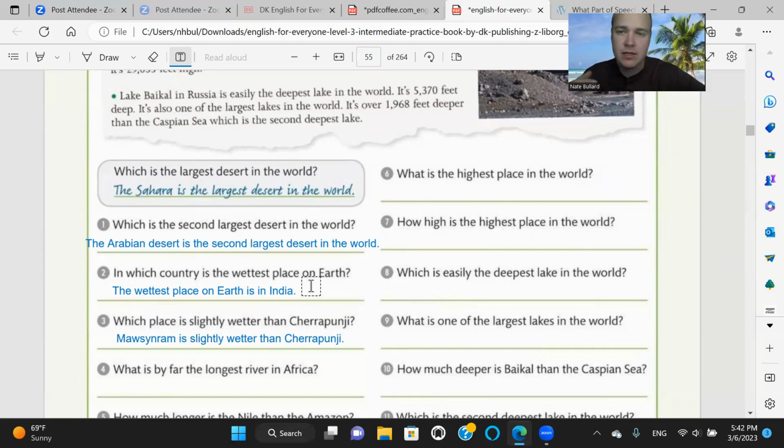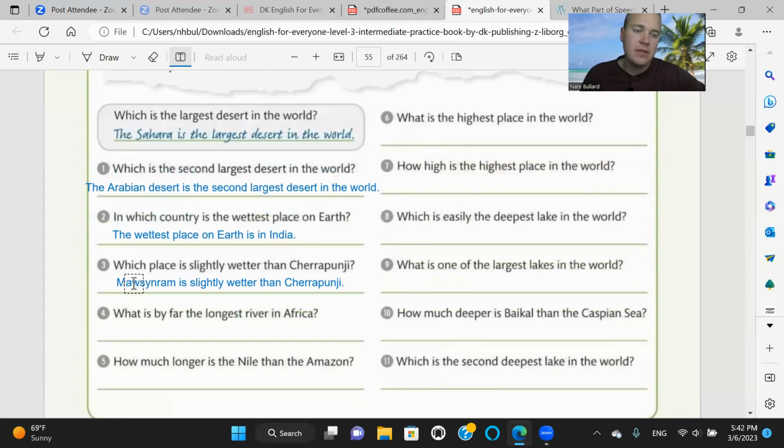Es un poco más húmedo. No sé cómo se dice wetter exactamente. Voy a ver. Wetter. Ok, más mojado. Sinram está un poco más mojado que Cherrapunji.